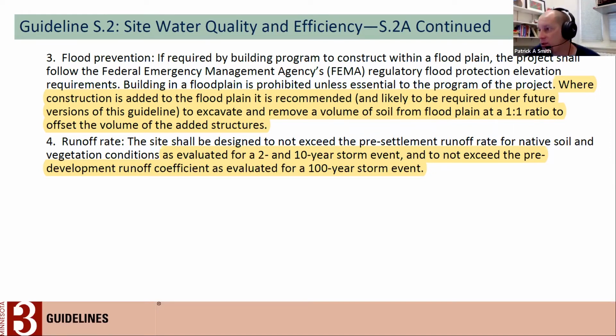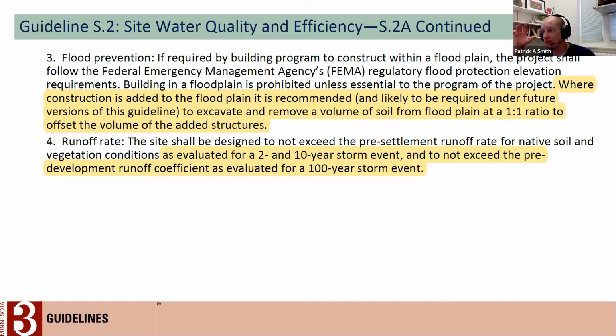Under S2A Part 4, that's the bottom line here, we initially had runoff curve number requirements needing to match the pre-settlement. It's been noted as several projects come through that there are technical limits to doing that unless you are willing to do a more extreme remediation of the site. We moved from looking at runoff curve numbers under S2A Part 4 to matching 2 and 10-year storm events for the native soil conditions.